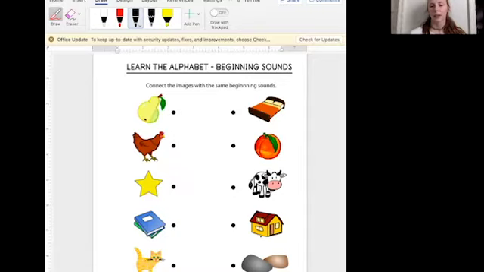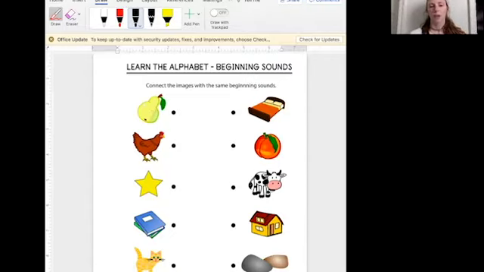Now we're going to be matching them to the pictures on the right. On the right we have bed, starting with the b sound. We have peach, starting with the p sound. Cow, which starts with the k. House, the h sound. And stone, which starts with an s sound.